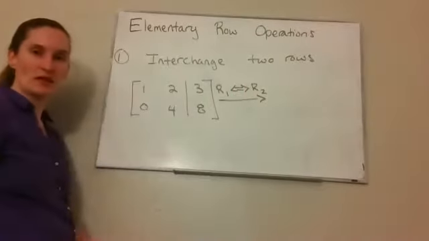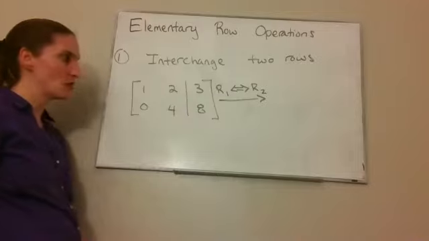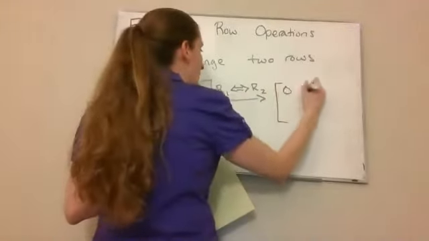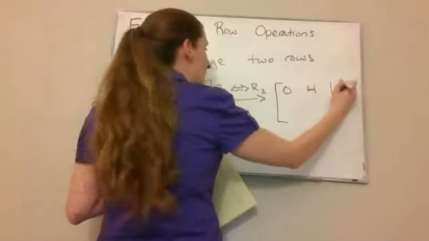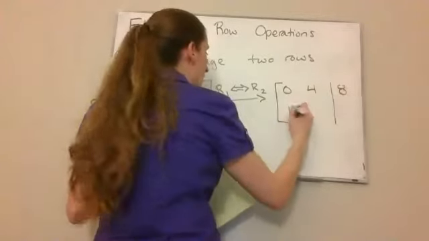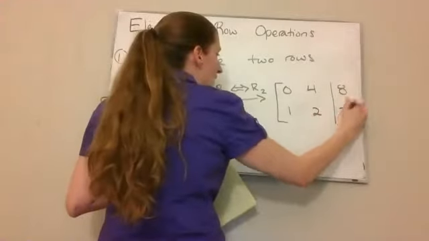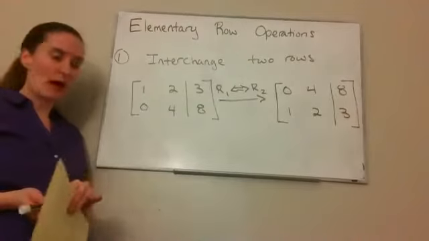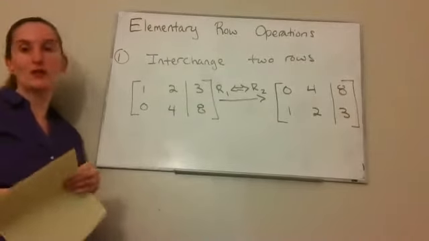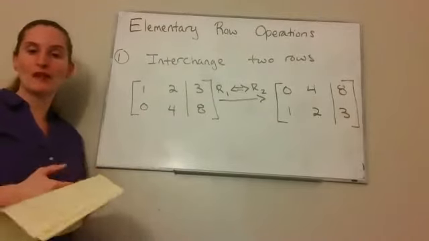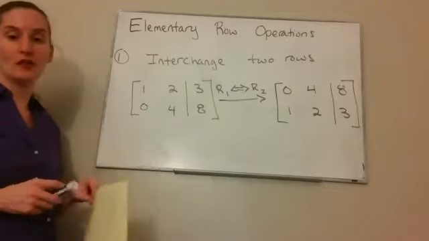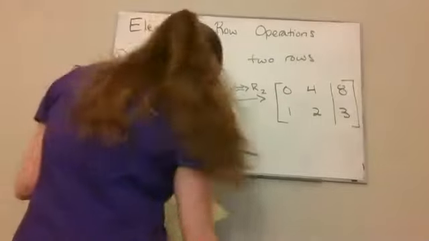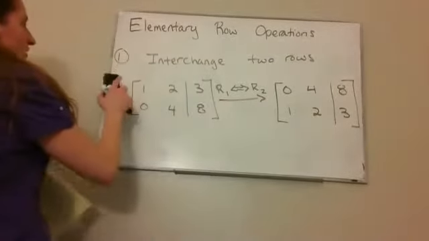Row 1 with a double-sided arrow, row 2 means I'm going to swap those two rows. So I put row 2 up on the top, and row 1 is now on the bottom. So that's one of our elementary row operations. You can swap any two rows, and it's still going to represent the same system of equations. Learn our next elementary row operation.